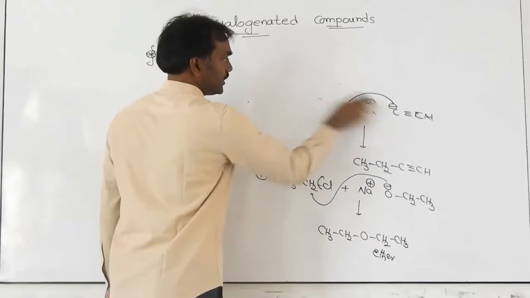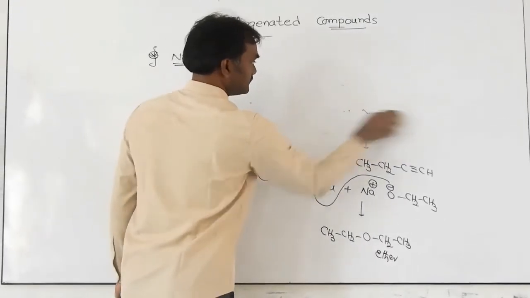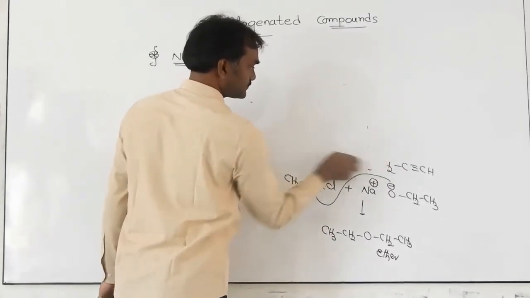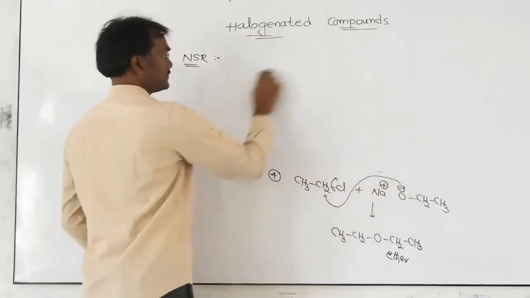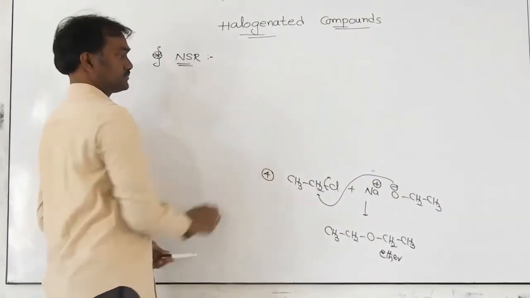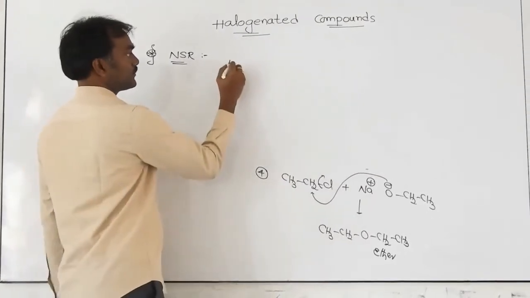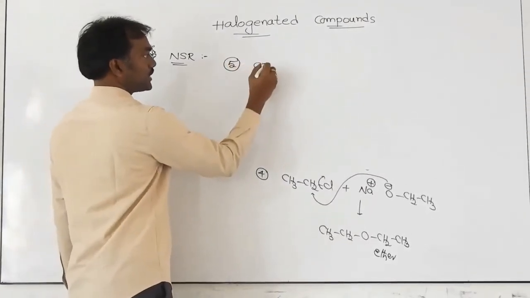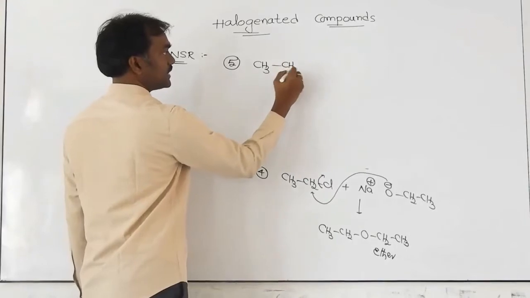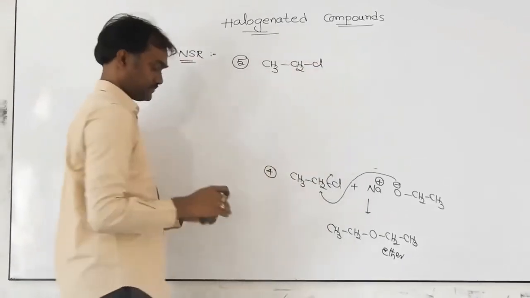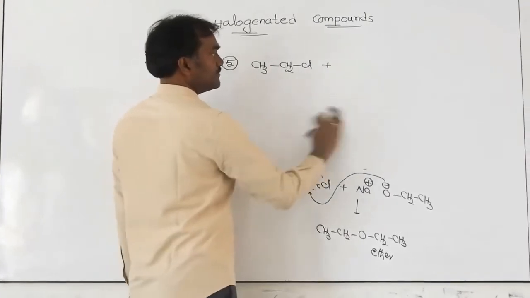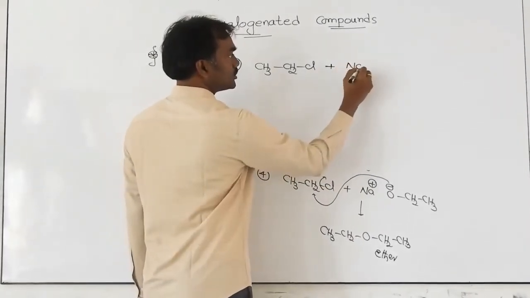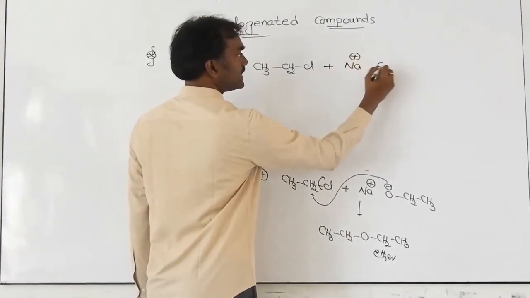Next you take a carboxylate. Fifth, you take CH3CH2Cl and treat it with sodium acetate.